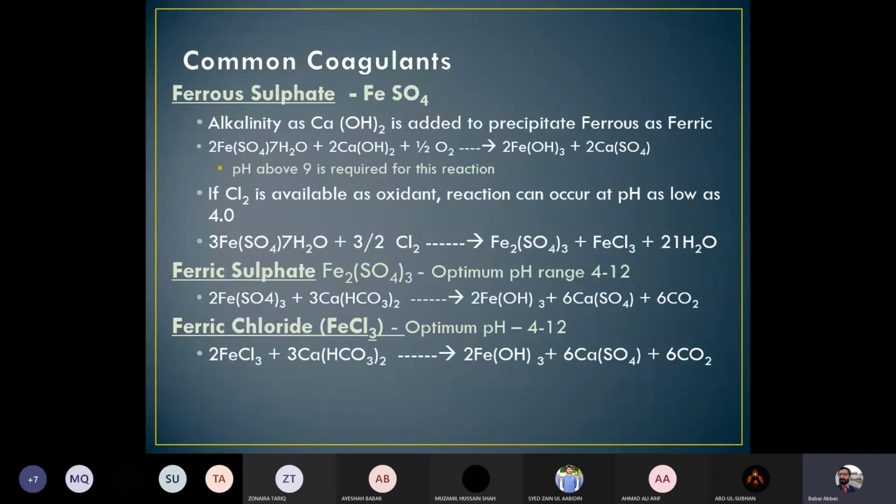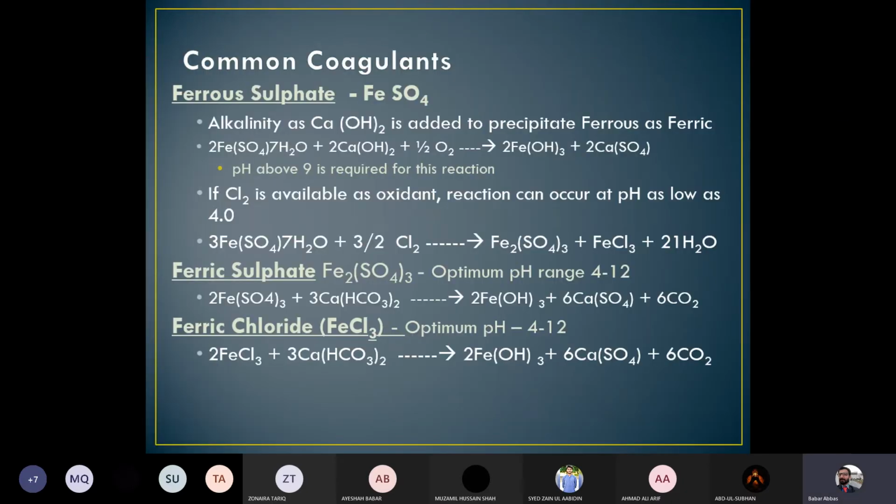Then comes ferric sulfate and ferric chloride. The pH for both of these is 4 to 12. Once again, it's a very wide range of the pH for the operation of coagulation and flocculation.